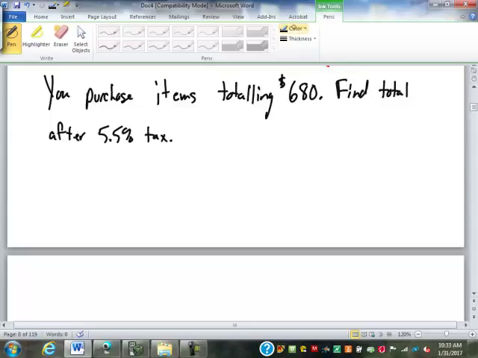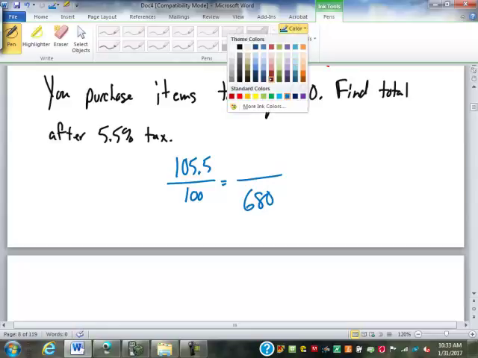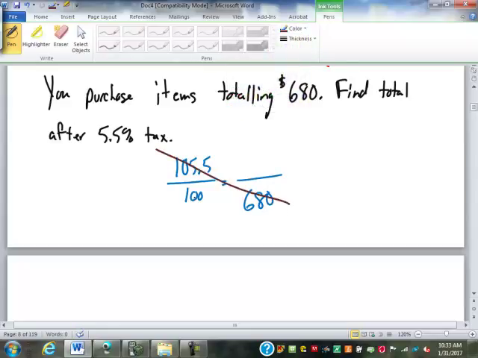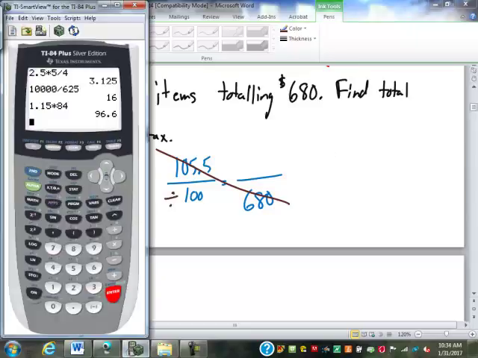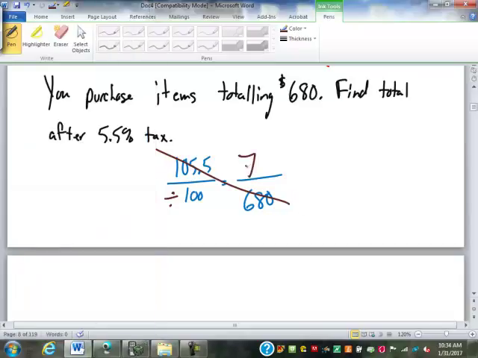So what percent are we looking for here? 105.5. This is 105.5 over 100. Where's the 680 go? Top or bottom? Bottom. So we're going to cross multiply and divide. 105.5 times 680 divided by 100. $717.40.